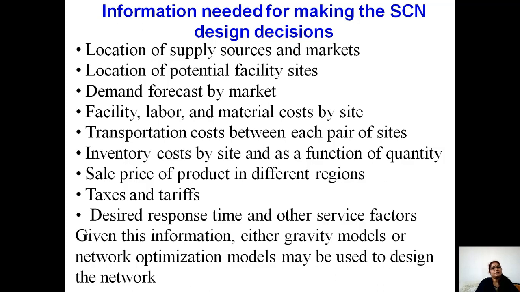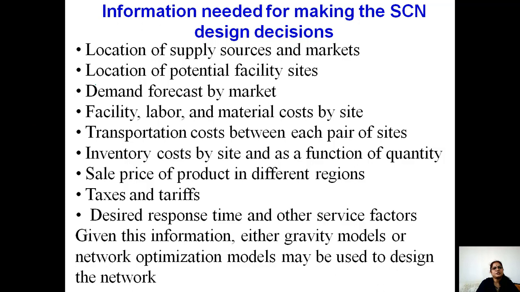Before starting the analysis of these supply chain network design decision models, some information needs to be handy. That information we have already seen as inputs in the framework. The same thing is listed here. First of all, the location of supply sources and markets should be known.